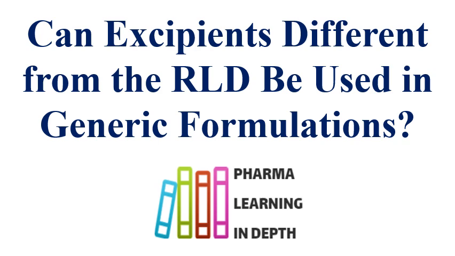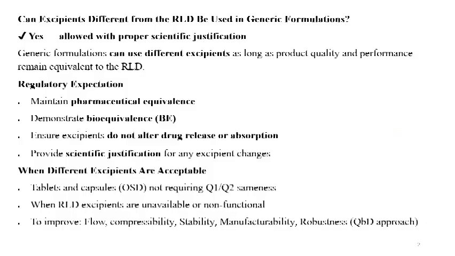Sometimes you will not have the RLD in the market. Sometimes there will be patent constraints. That time you can use other excipients than the RLD. And this video will give you complete information about this topic.